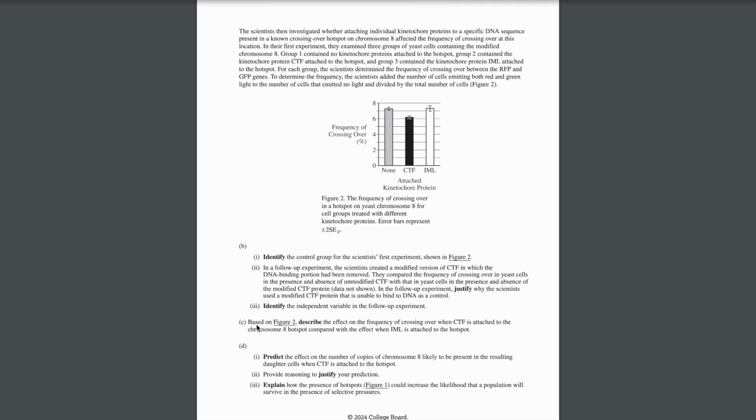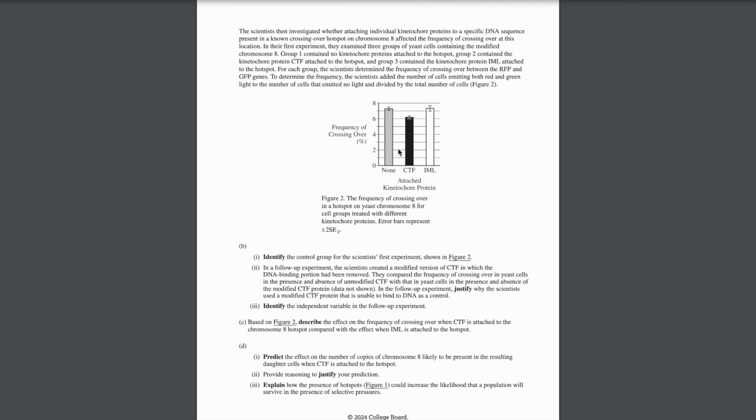C says, based on figure 2, describe the effect on the frequency of crossing over when CTF is attached to the chromosome 8 hotspot compared with the effect when IML is attached to the hotspot. So if we look at figure 2, we see that when CTF is attached to the hotspot, the frequency is lower than the control group that is no kinetochore proteins attached to the hotspot.